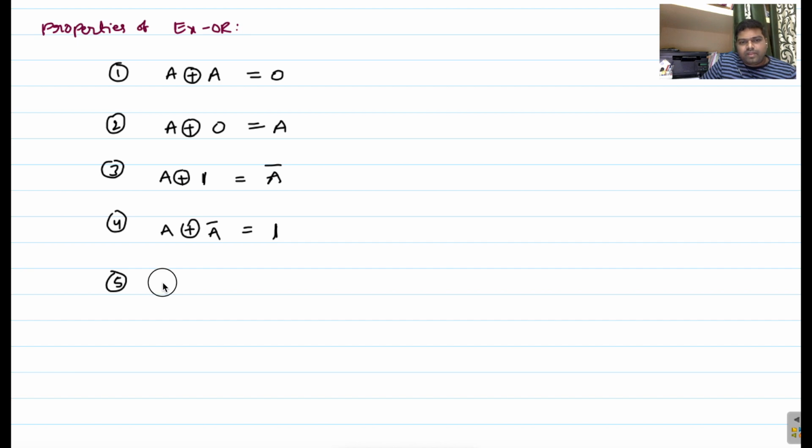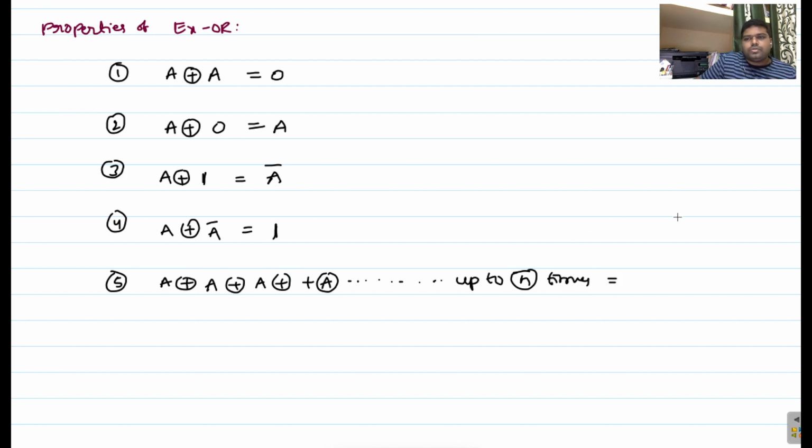So for example, if I am taking A XOR A XOR A XOR up to n terms, up to n times, then that equals to what?